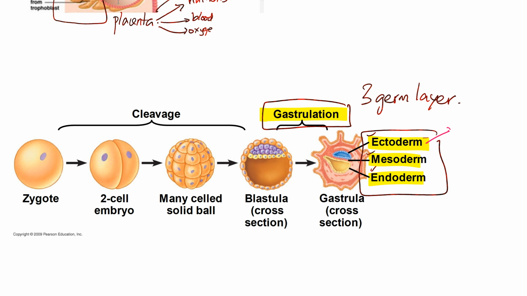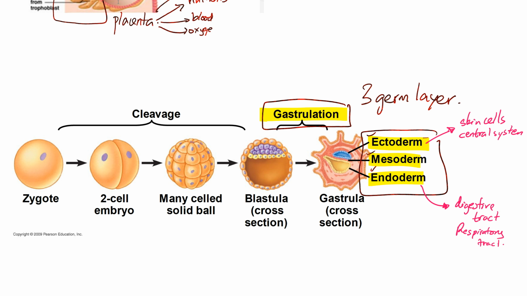Ectoderm is going to form the outer layer lining, such as the skin cells, as well as the central nervous system. Endoderm is going to form the tube of your body, so every inner organ connected to the tube, such as the digestive tract, as well as your respiratory tract, right? For the digestive tract, your esophagus, stomach, and intestines.